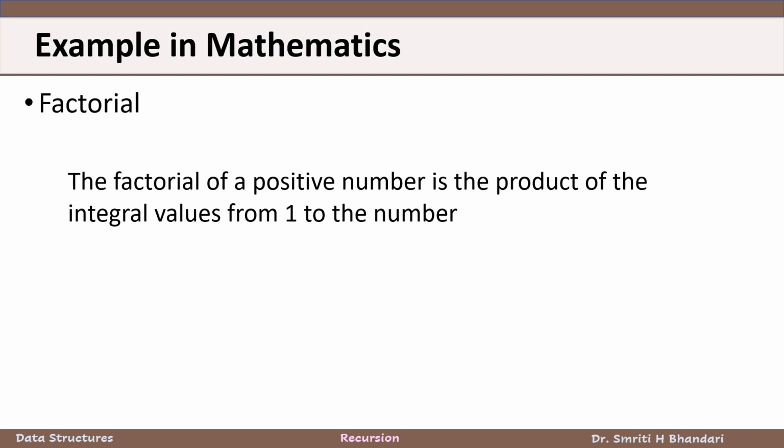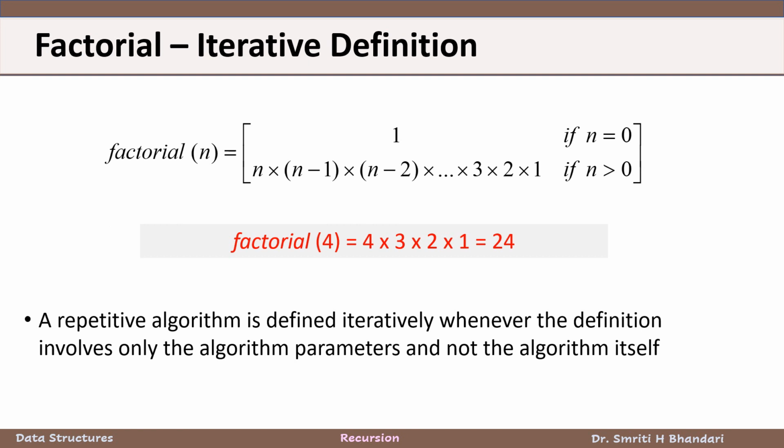Let's see a simple example in mathematics, and that is computation of the factorial of a number. The factorial of a positive number is the product of the integral values from 1 to the number, right? If we want to write the iterative definition of factorial, how are we going to write it?